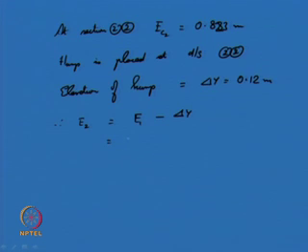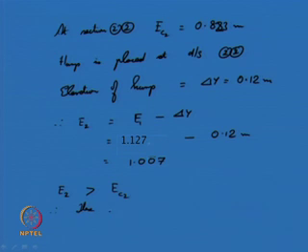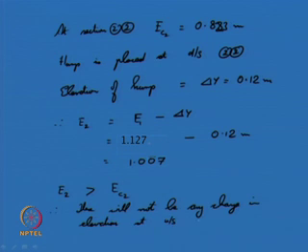This is coming out to be 1.127 minus 0.12 meter, which is equal to 1.007. This value is found to be greater than the minimum possible energy at section 2, and therefore, there will not be any change in elevation at upstream section 1.